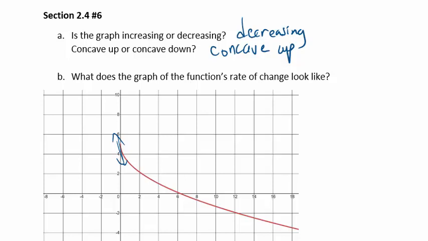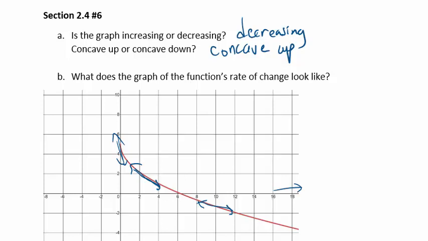And we see that at first, the slope of the tangent line to this curve would be pretty steep, and then not as steep. So as x gets bigger, the tangent lines, they're not as steep as they once were.